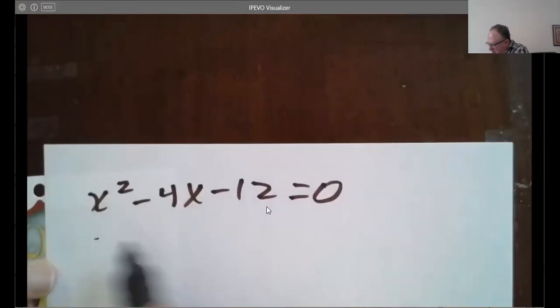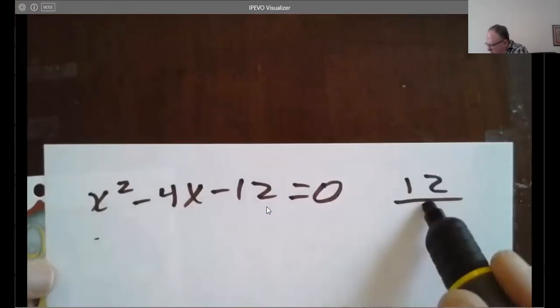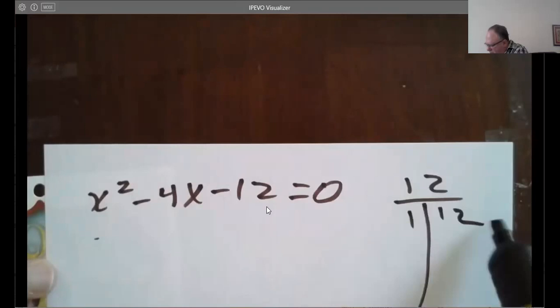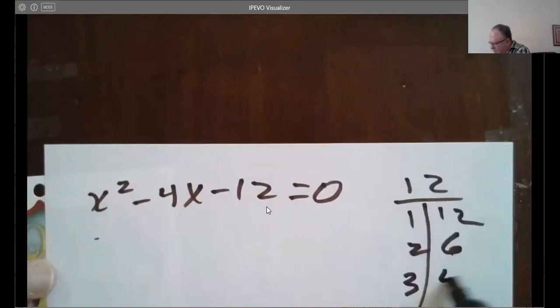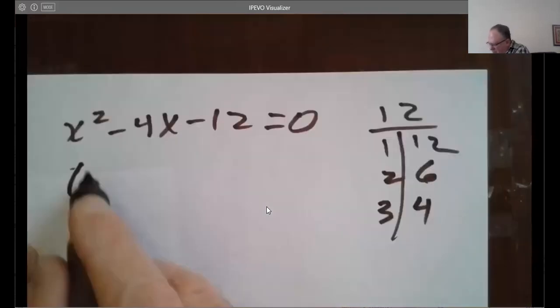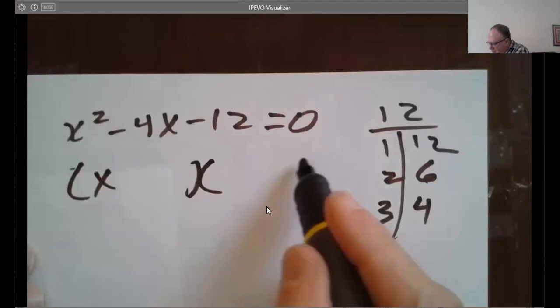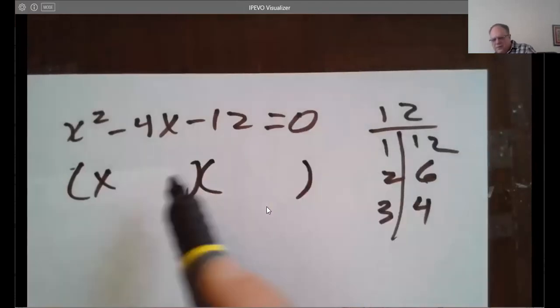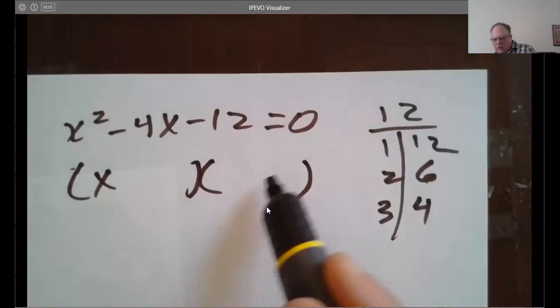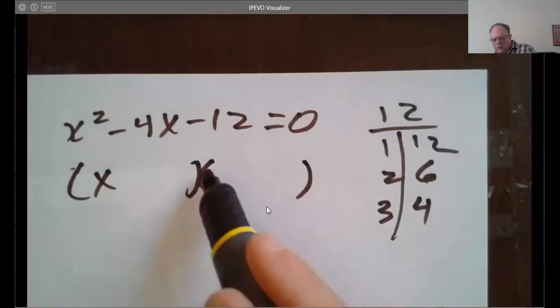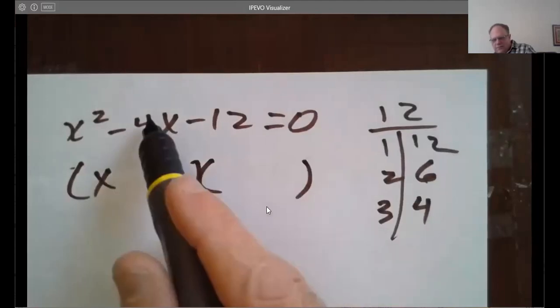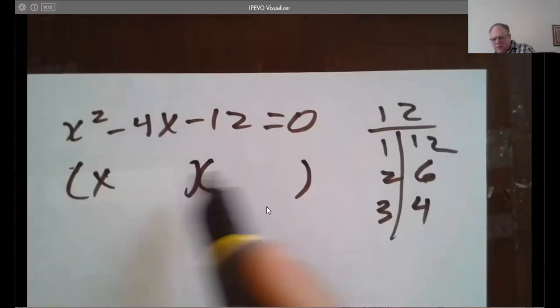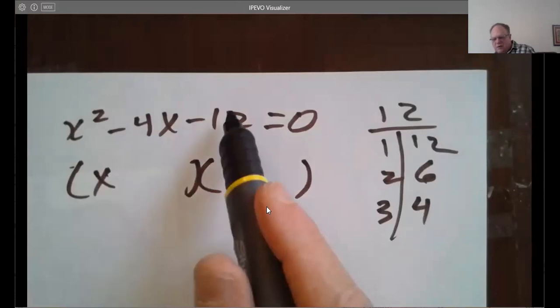And these were our factors for 12, right? 1 and 12, 2 and 6, and 3 and 4. Now remember, factoring is the opposite of FOIL, right? So whatever you FOIL, you should get the same thing that you started with. Whatever you factored, you should be able to FOIL it and get what you started with as a check.